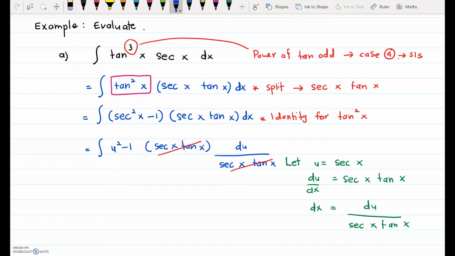Now we can solve the integral, and we will have u cubed over 3 minus u plus c. Don't forget to replace your u. Your u is secant, so you will get secant cube x over 3 minus secant x plus c. So this is your final answer for A.